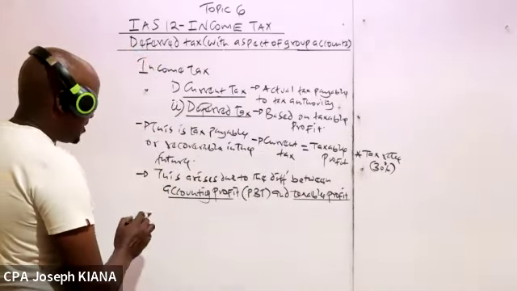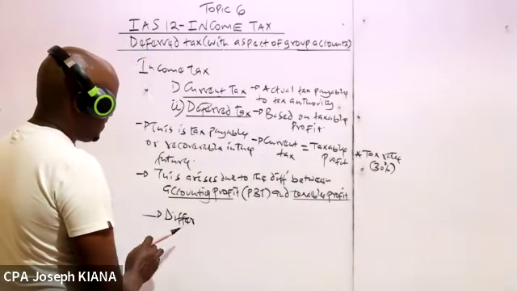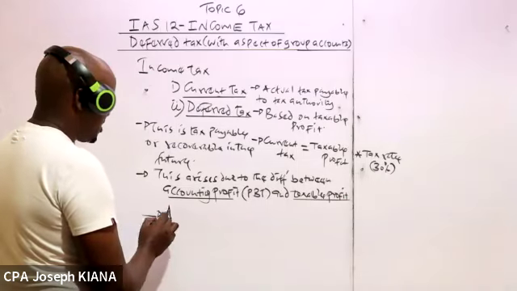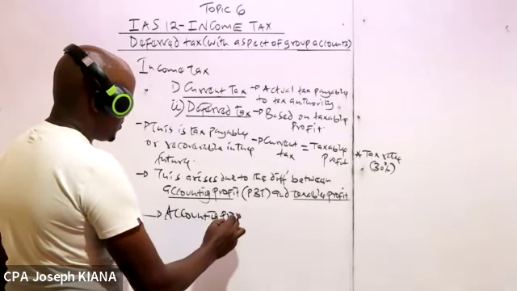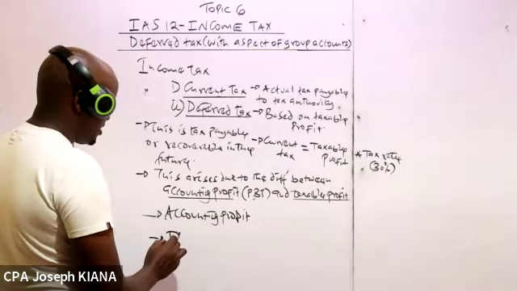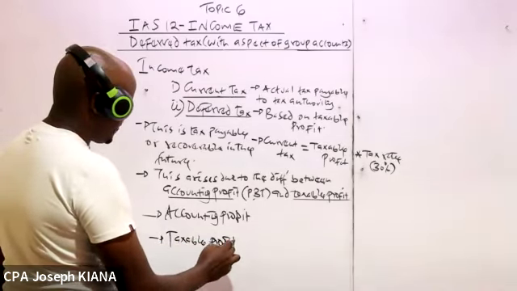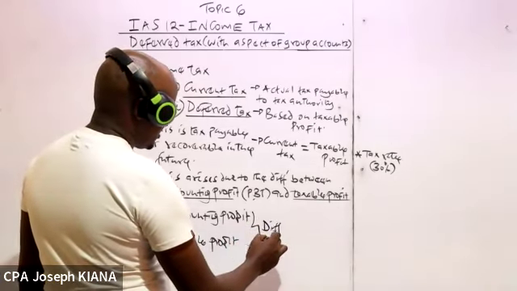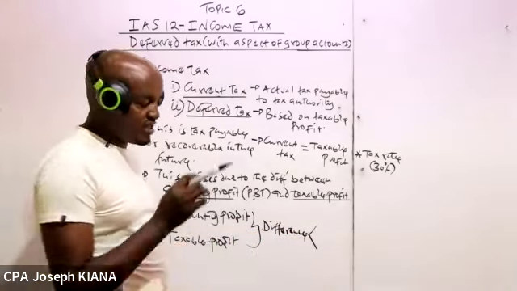Now, the difference between these two profits, that is the difference between accounting profit, which we are also referring to as the profit before tax, and the taxable profit. So this particular difference can actually be broadly classified into two categories.